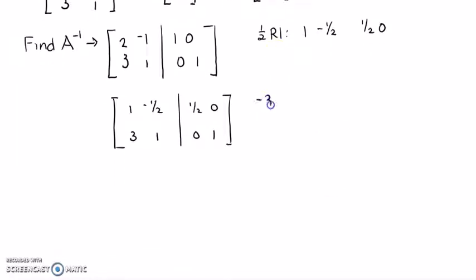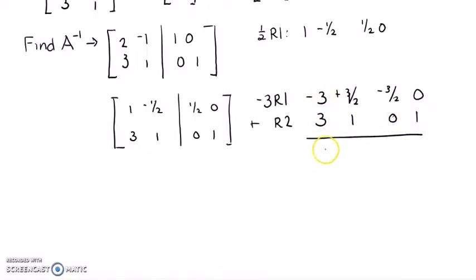Then I want negative 3 times row 1 plus row 2. We need the opposite, so I need to change that sign, and then negative 3/2 and 0. And then row 2 is 3, 1, 0, 1.